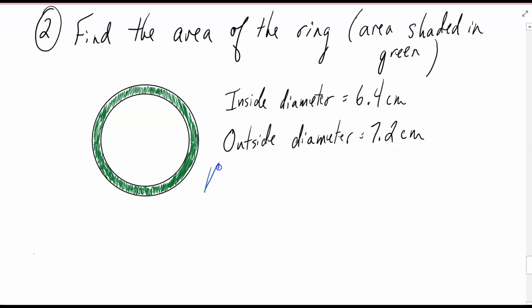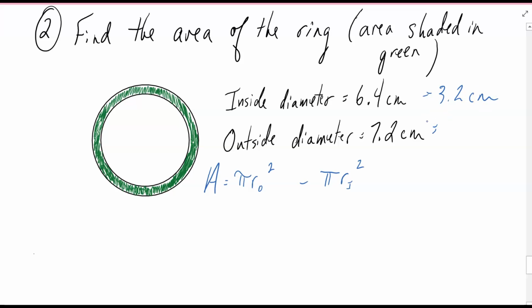So the area will be equal to the outer area, which is pi r outer squared, minus pi r inner squared. Now we need the radius of the outer and the inner. The diameter was given 6.4, so the radius is half, 3.2 centimeters.